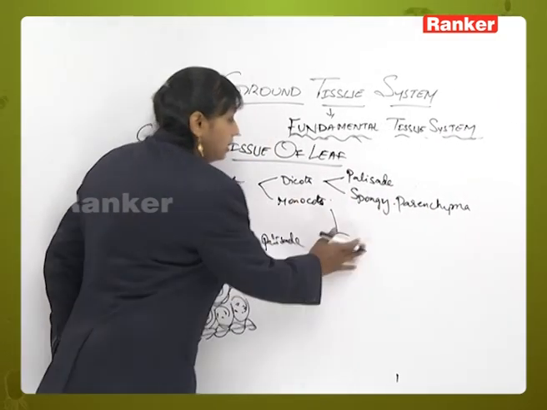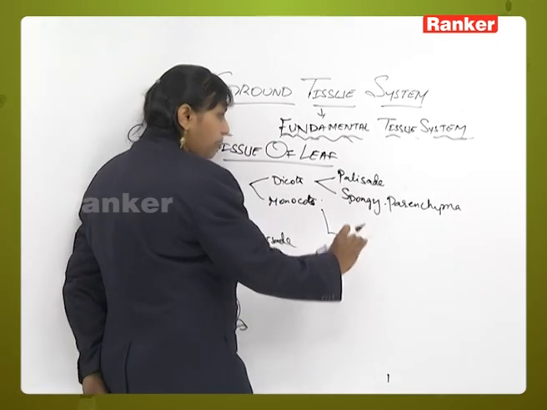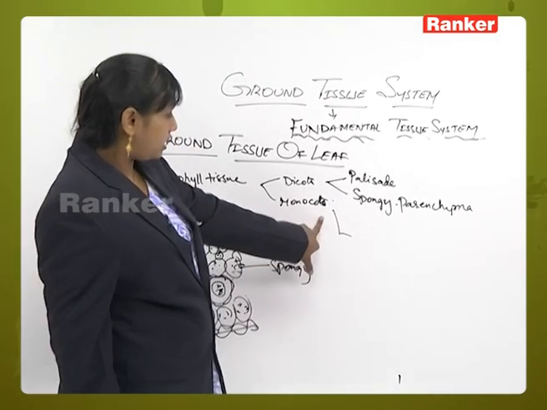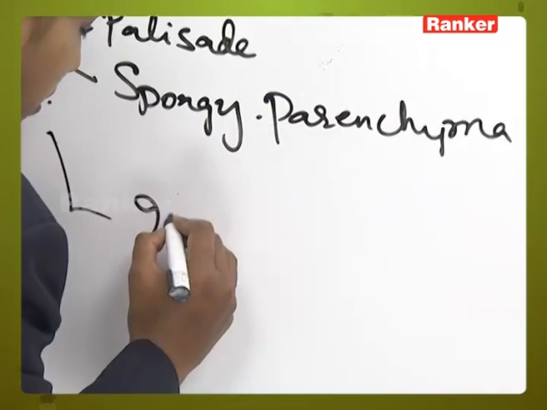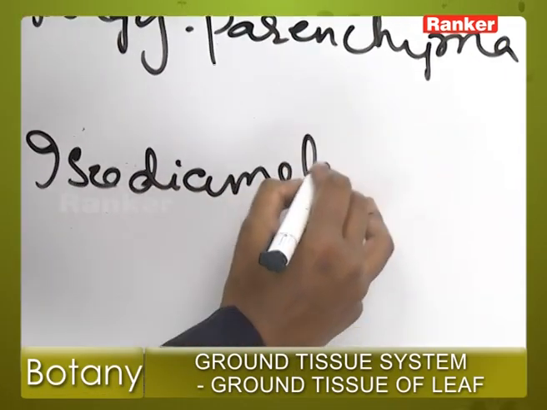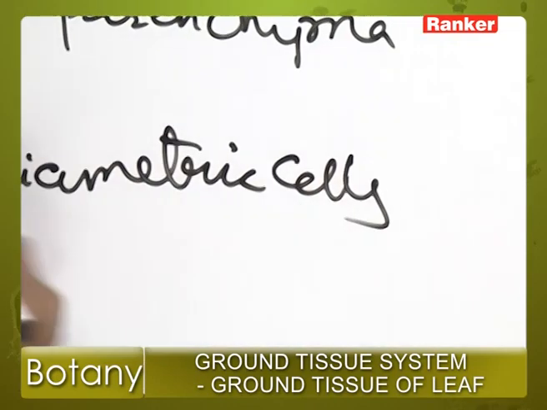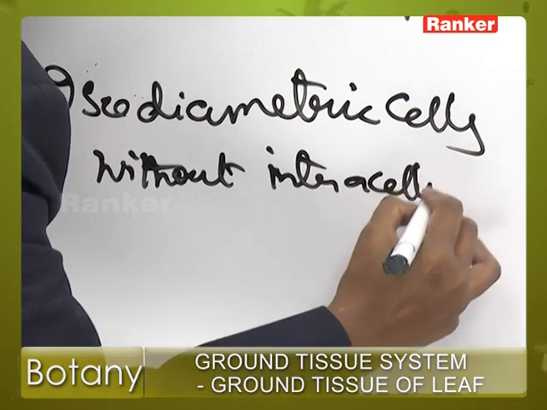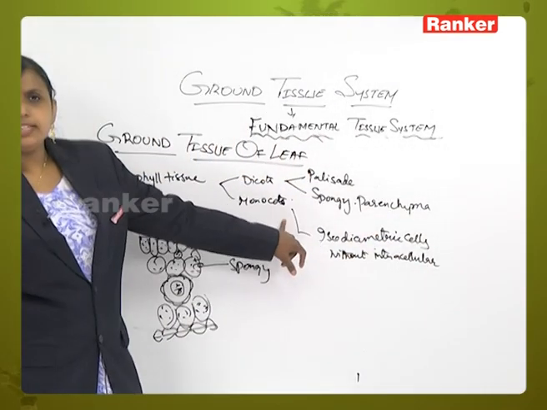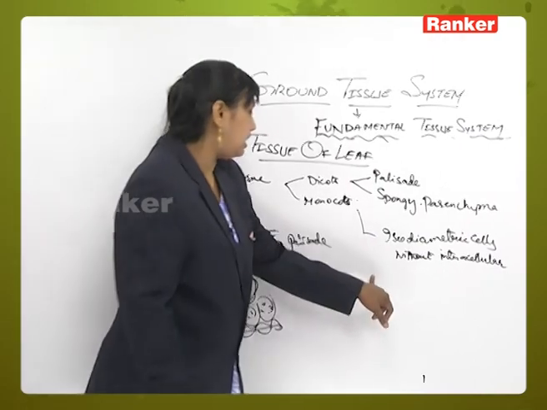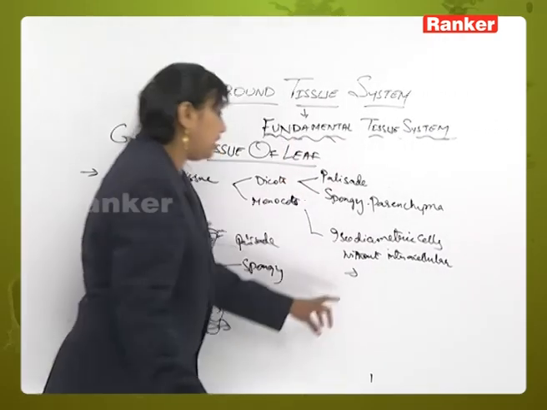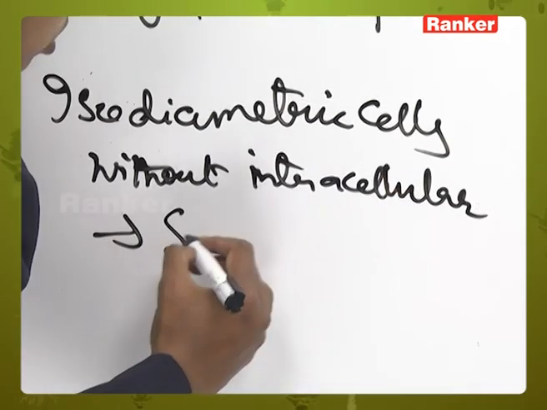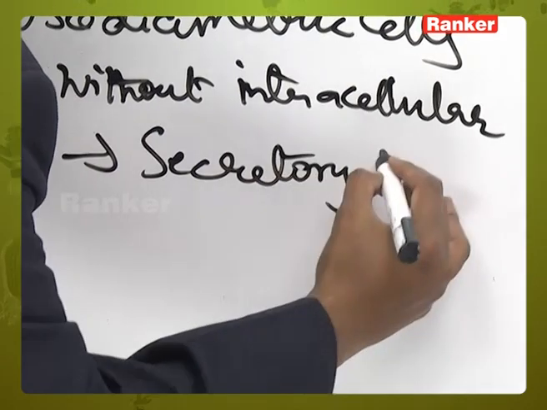The mesophyll tissue is made up of isodiametric cells, the whole tissue, without any intercellular spaces. Monocots consist of isodiametric cells without intercellular spaces. These also consist of secretory cells in between them.